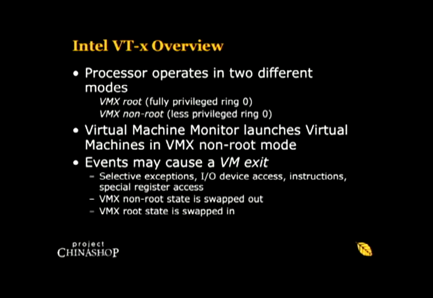There's just a small list of privileged instructions and operations that cause a VM exit, and control gets passed back to VMX root mode, which is where the VMM hypervisor lives, and then it handles the event. It'll emulate an update to the page table. It'll do whatever it needs to virtualize certain things of how the guest OS runs.